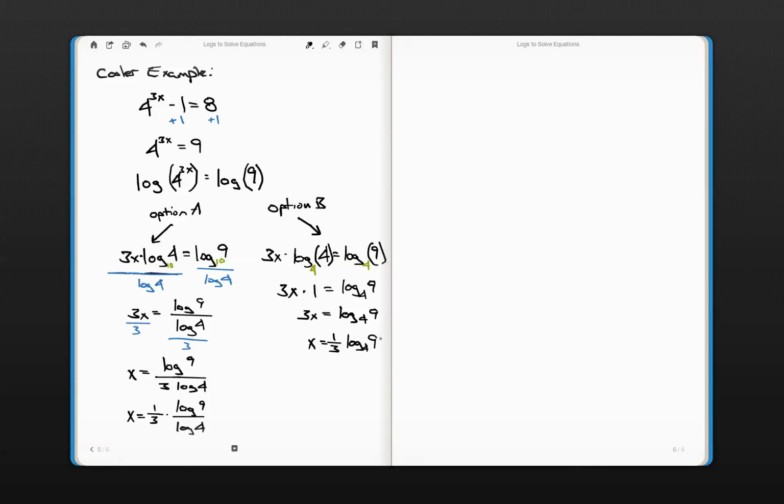Now, some of you might be saying, what is going on here? In fact, let's make a big, fat, red question mark. What? How could I have 2 different answers?